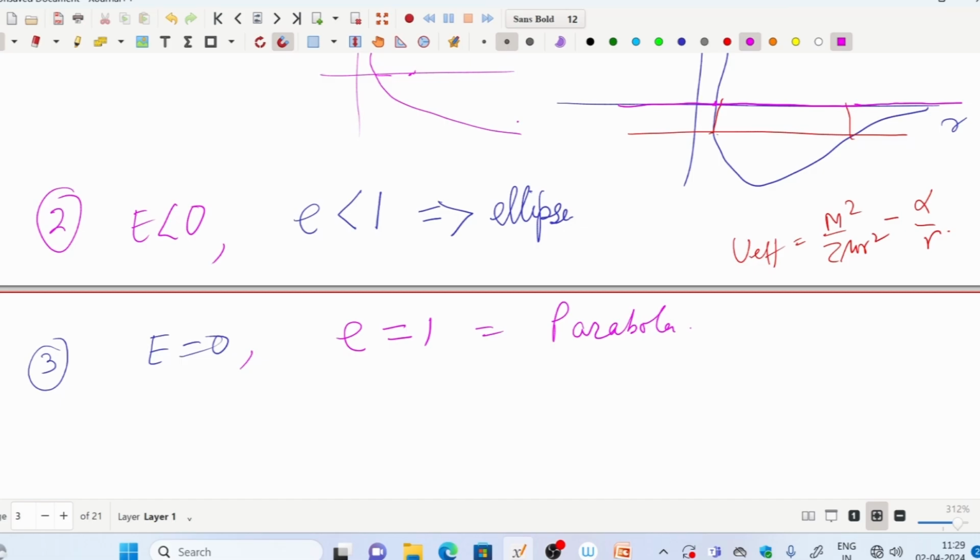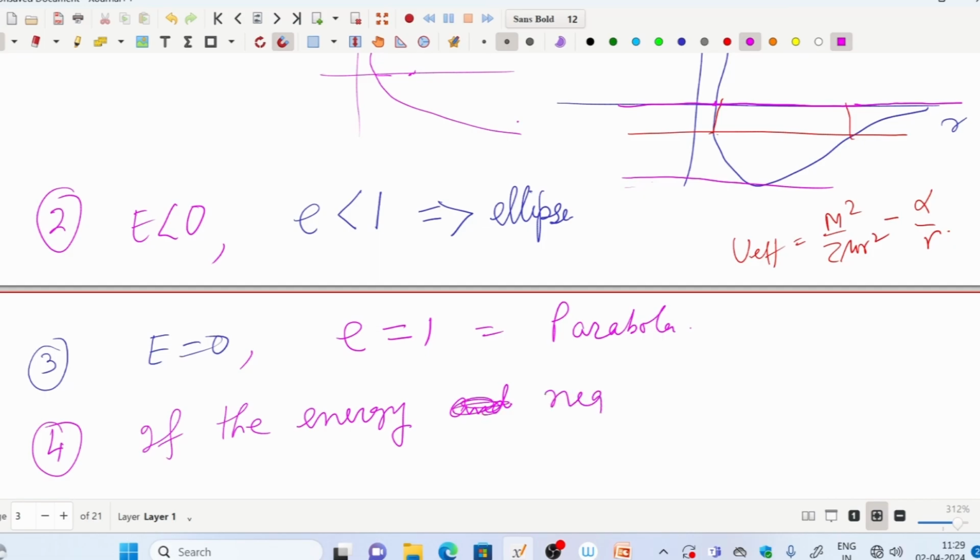And the other possibility, the fourth possibility, is that the energy is equal to the minimum of the effective potential.